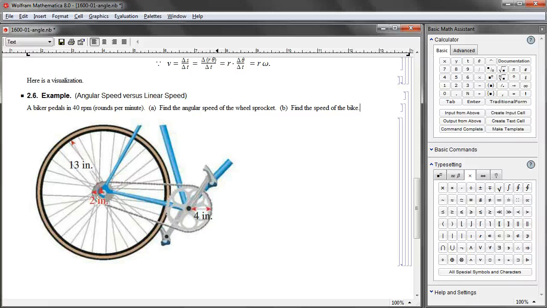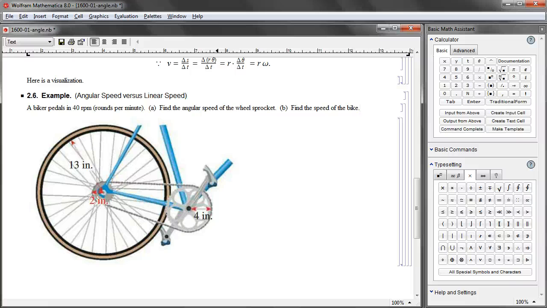So basically, this pedal is 40 RPM, so that's the angular speed of the pedal, and the gear of the pedal has a radius of 4 inches.